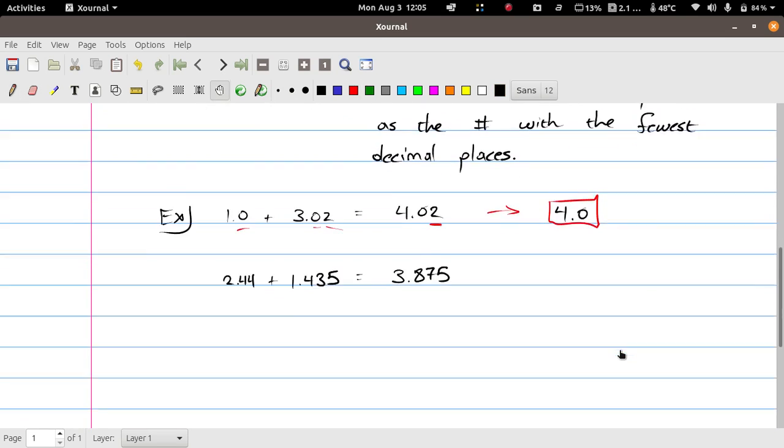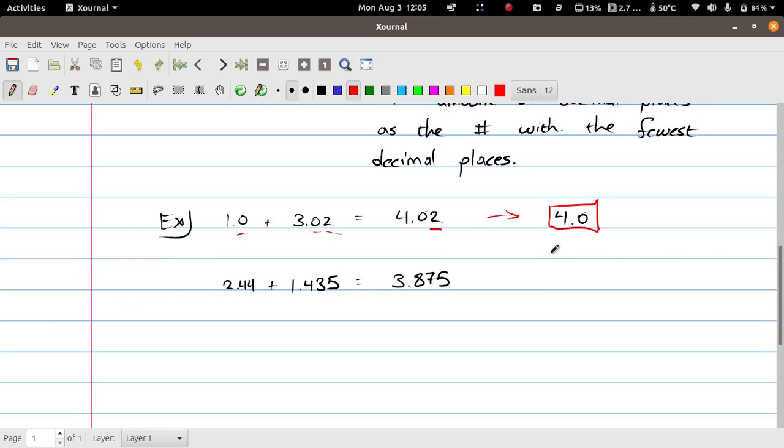Not just greater than. I messed up there. You have 2 decimal places there, you have 3 there. So that means we need 2. We're rounding up with this one. That's the one that's getting dropped. So our answer is actually going to be 3.88. And that would be the correct final answer.